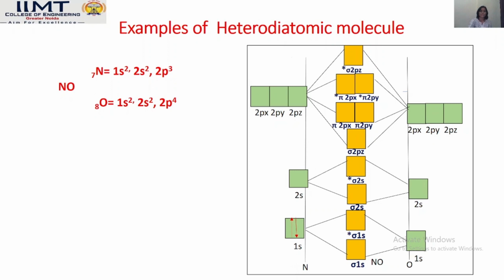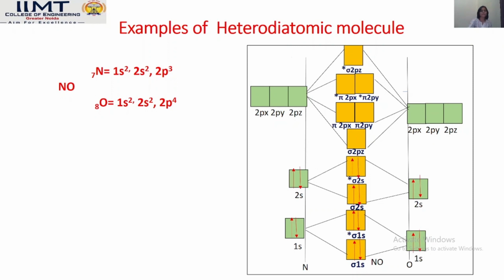In the atomic orbitals of oxygen, now electrons are going to be filled in sigma 1s, which is lower in energy and more stable. Now electrons are filled in sigma star 1s, which is higher in energy. In the same manner, electrons are going to be filled in 2s of oxygen, and now in sigma 2s, sigma star 2s.